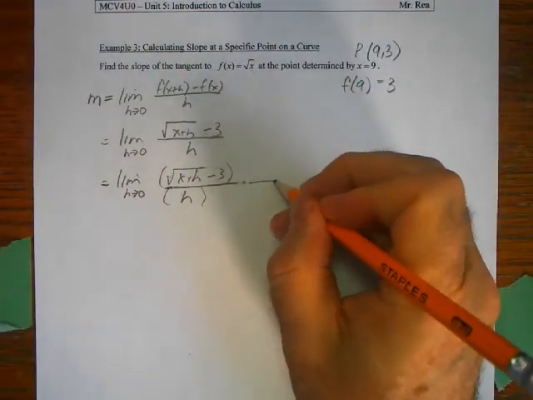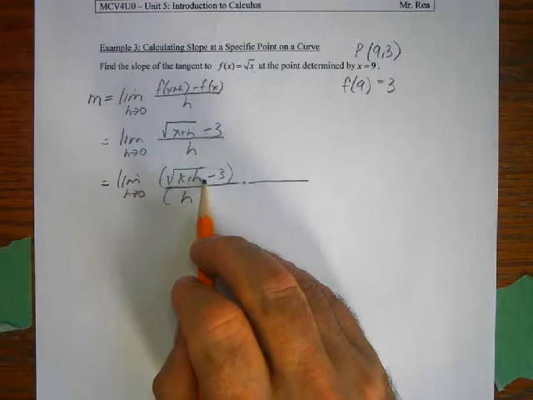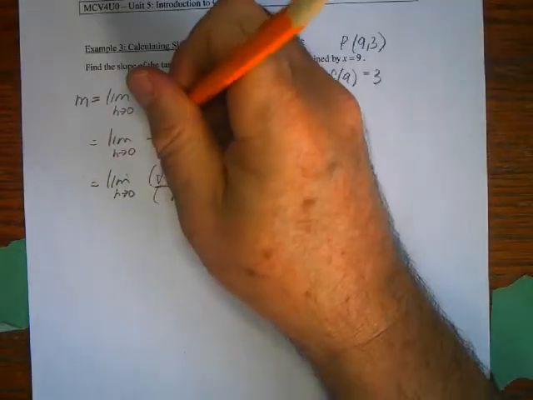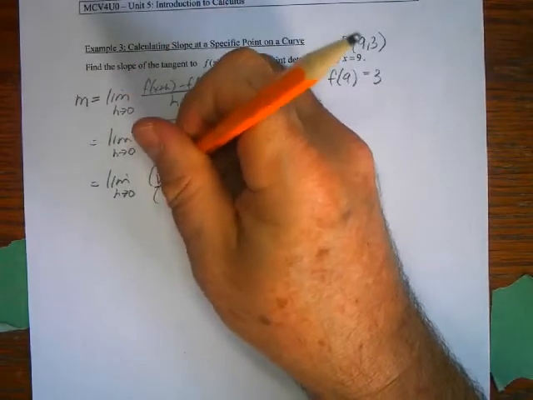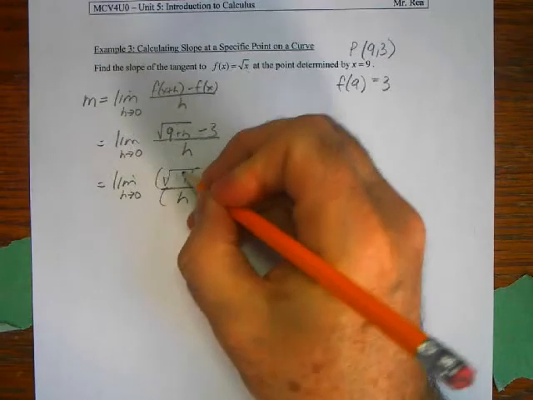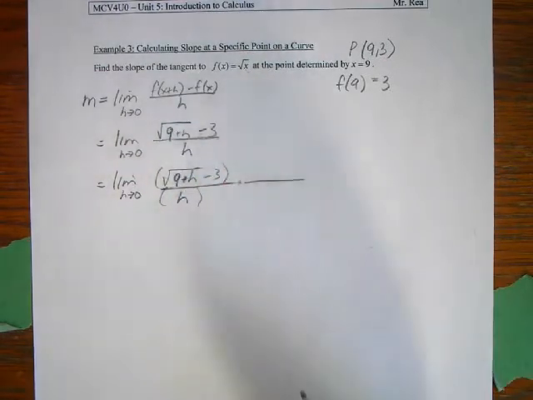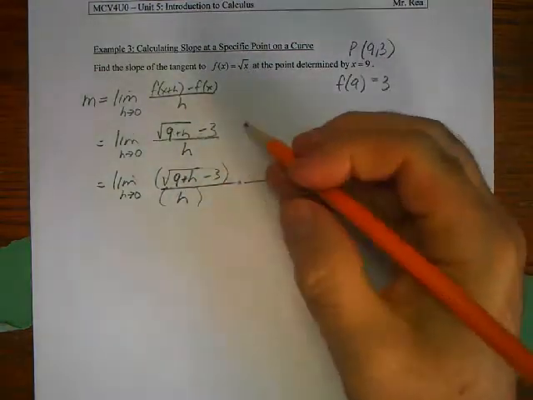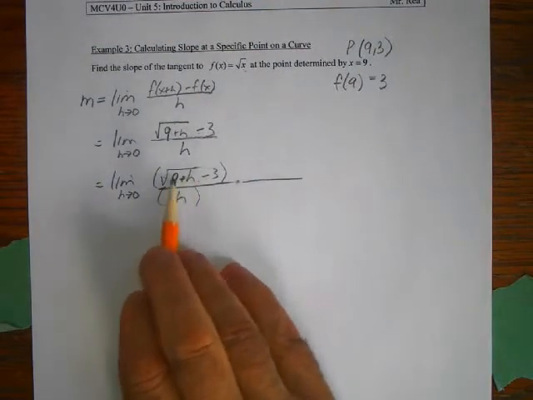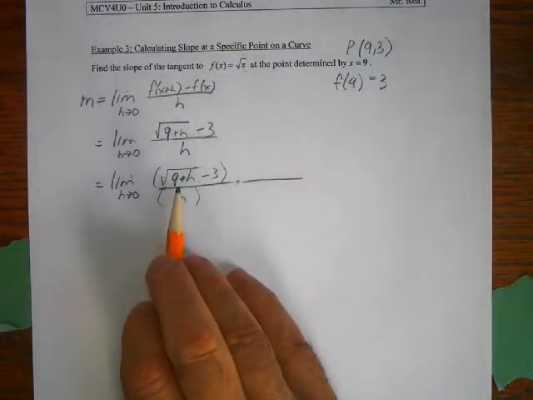We're going to multiply that by the conjugate of the numerator. Sorry, instead of the x, I should be putting 9, because that's the value of x. So that's 9 plus h, 9 plus h. Okay, that's better.